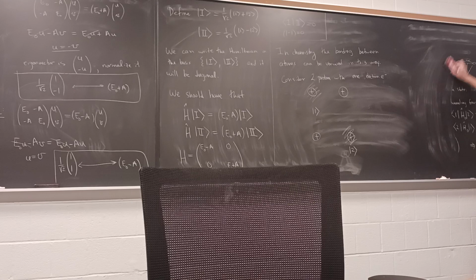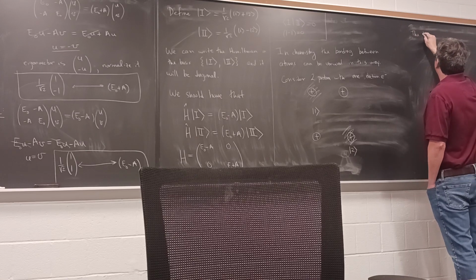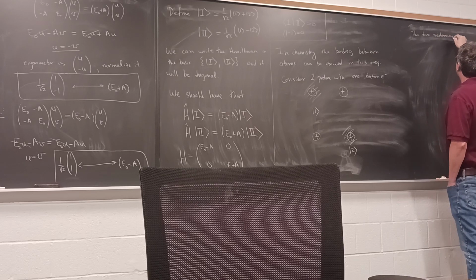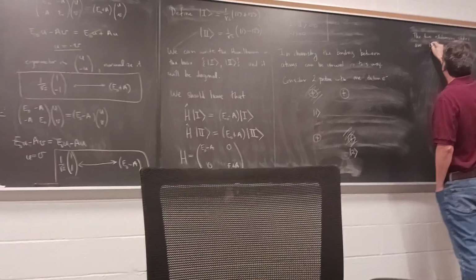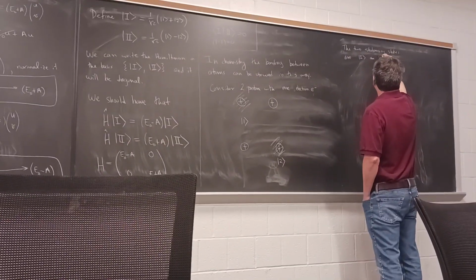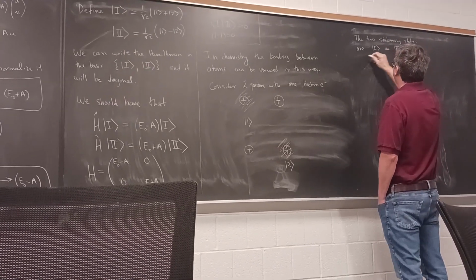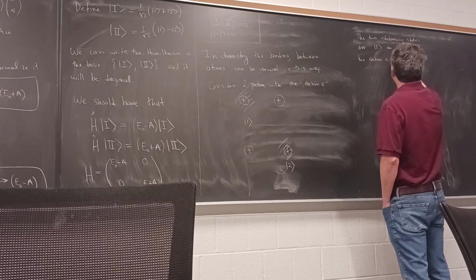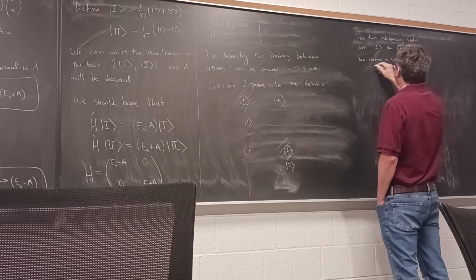So the two stationary states are 1 and 2, where the electron is exchanged between the two protons.